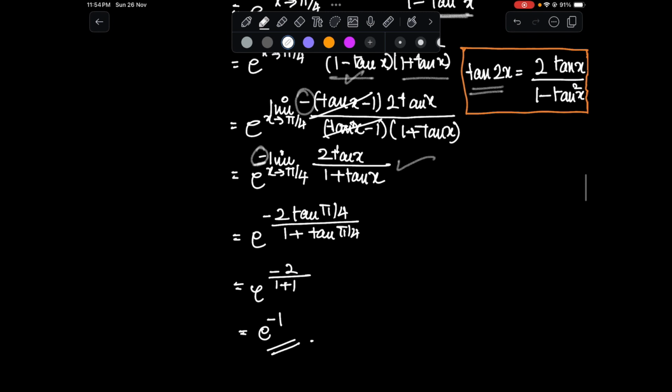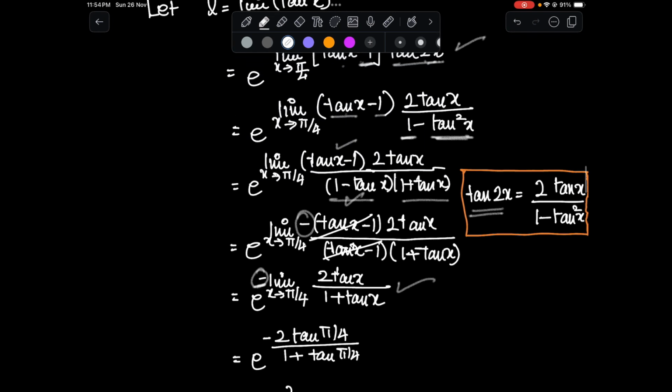Now the best thing to keep in mind is that 1 plus tan x is not creating a problem anywhere, because 1 plus tan x is a finite value. Where is it going? It's going to 2 when x tends to pi by 4. So you don't have to disturb this term. You just keep it as it is.